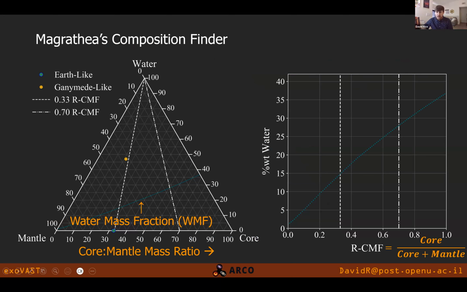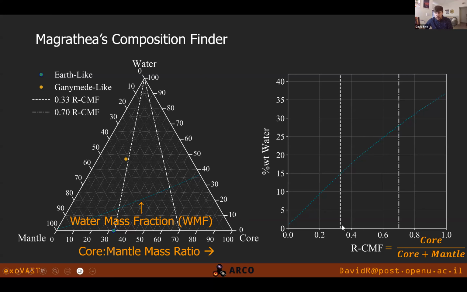So the RCMF, the refractory core mass fraction, is the core divided by the core plus mantle. So you can think about it as the iron to silicate ratio, or the iron over the iron plus silicate, although the composition could be different. And then going up on a ternary is the water mass fraction, at least in this rotation. So the weight percent of water on the right plot is the y-axis, and there are no weird forbidden regions on this plot. All of these planets are possible.